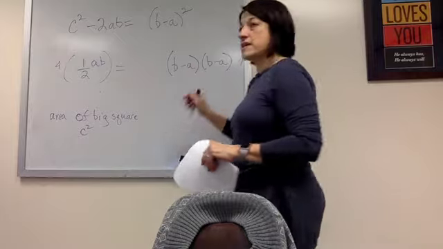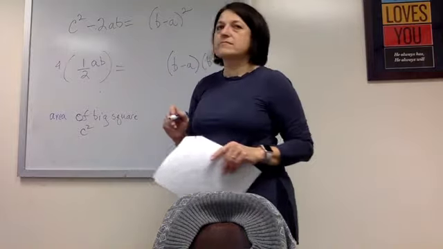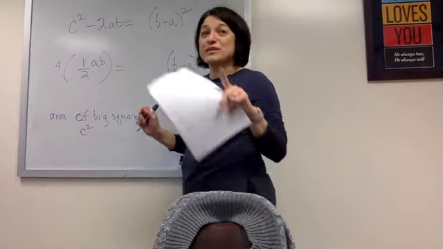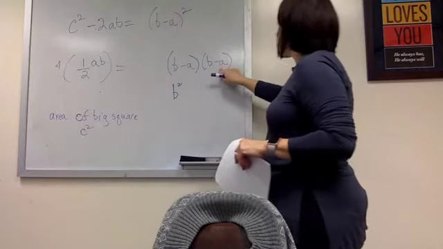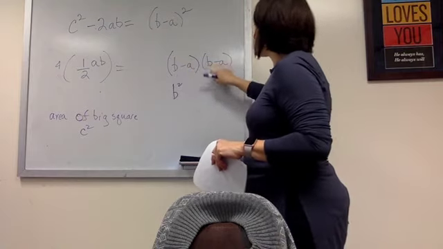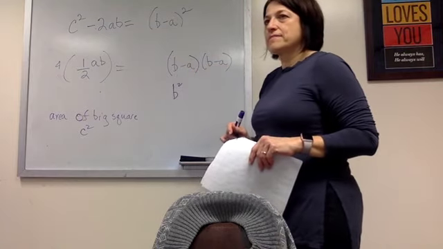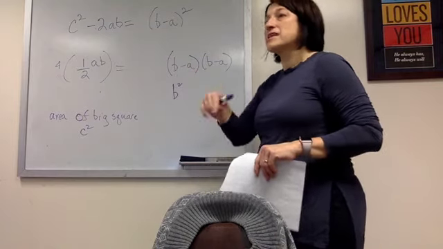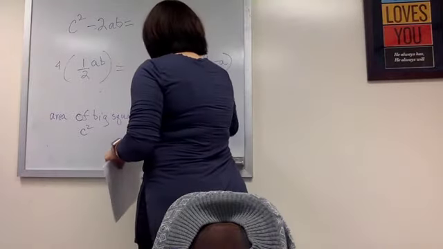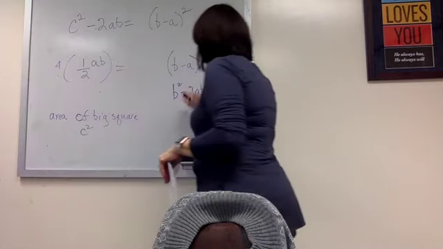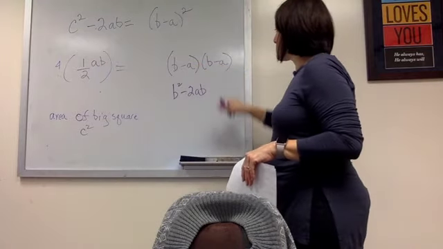B times B is B squared. Then B times minus A and minus A times B is minus AB, collect like terms, and it's going to be minus 2AB. And then minus A times minus A.